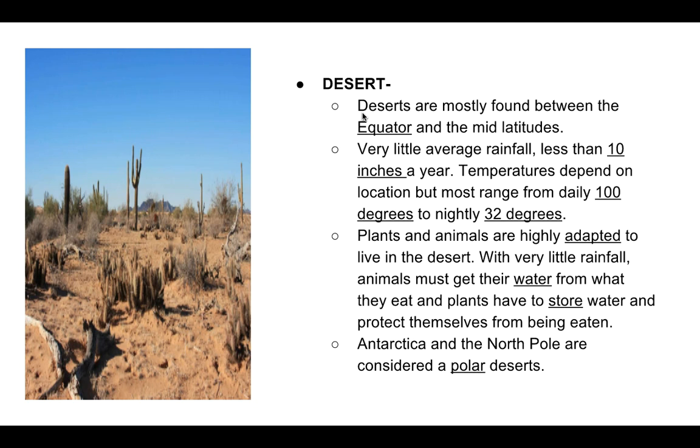But most of the deserts that we're familiar with have very little rainfall, but they also have extreme temperatures reaching above 100 and dropping down to being very, very cold at night. And as we can see, the animals and plants have adapted because of the lack of rainfall.